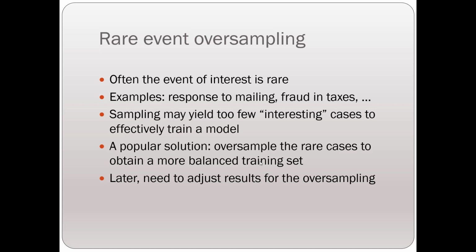When you do that, then after developing the model, you have to adjust when you're evaluating the models against one another. You have to adjust for the fact that you oversampled, and there are ways of doing that, and we will discuss that in a later chapter. For right now, you need to understand what rare event oversampling is.